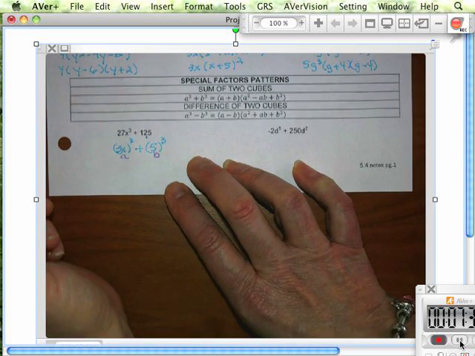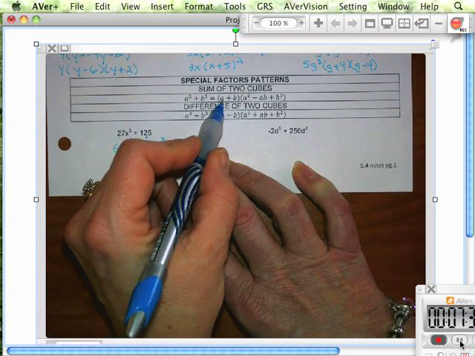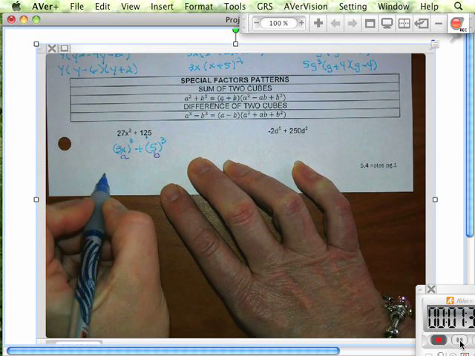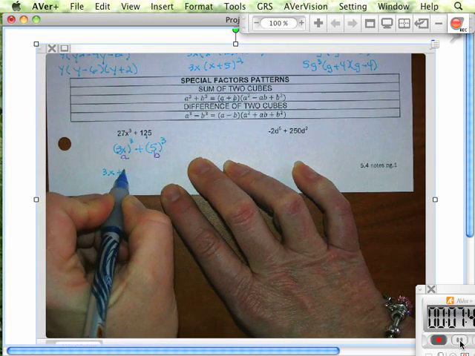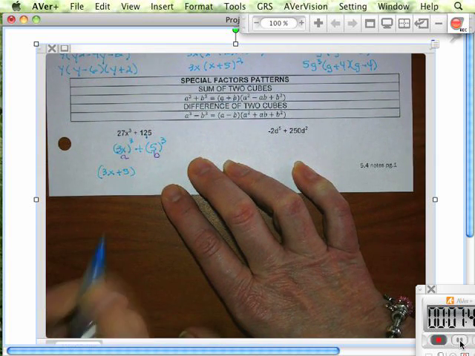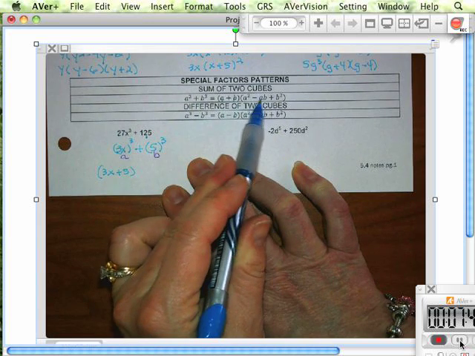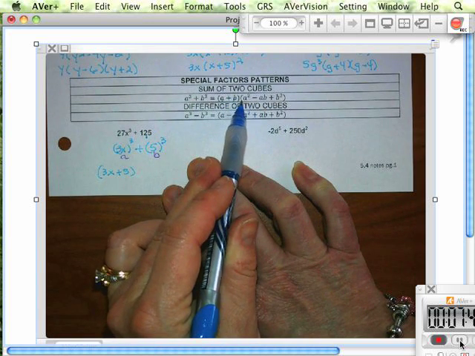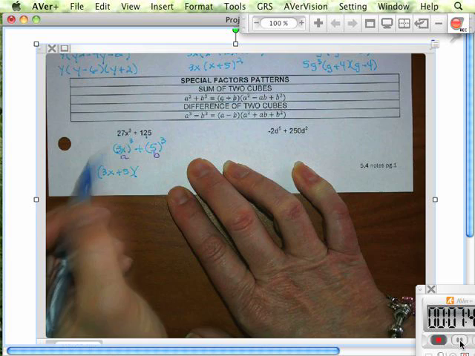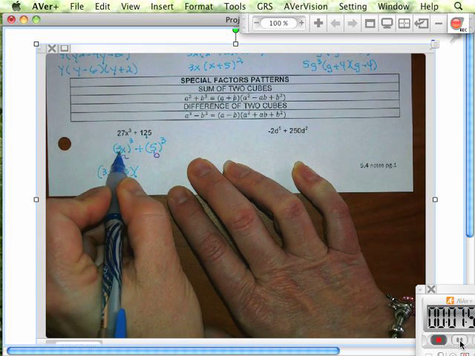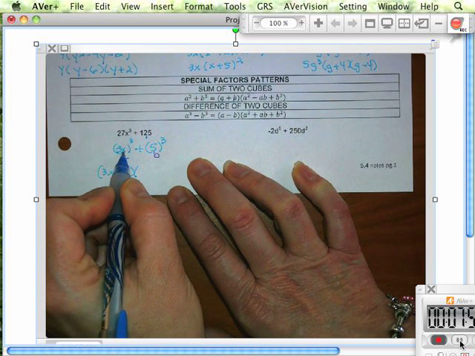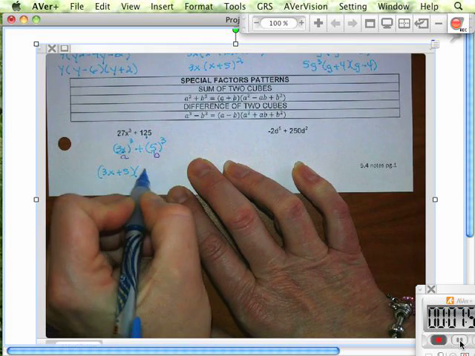So I know the first part of it is going to be just A plus B. My A is 3x, my B is 5. So that's one of the factors. Again, I'm just following this pattern right here. Then it tells me I'm going to multiply that by A squared. 3x times 3x is 9x squared.